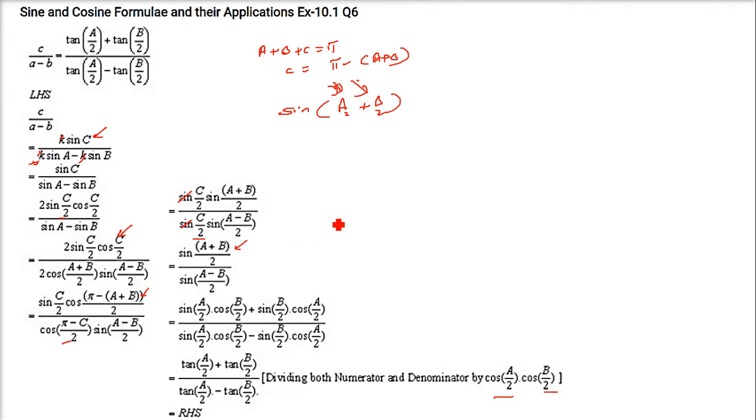The sin A/2, this one I'm taking, cos B/2. Now I'm dividing it by cos A/2 and cos B/2. So this gets cancelled. Sin A/2 and cos A/2 will be tan A/2. Similarly, when you divide this by cos A/2, cos B/2, you will get tan B/2, here tan A/2 and here tan B/2. So this is your right hand side.